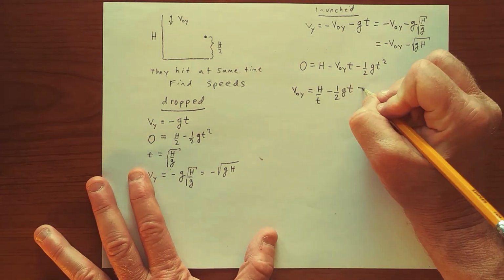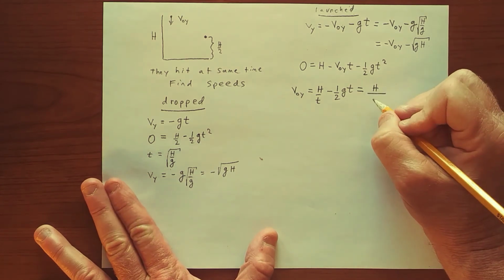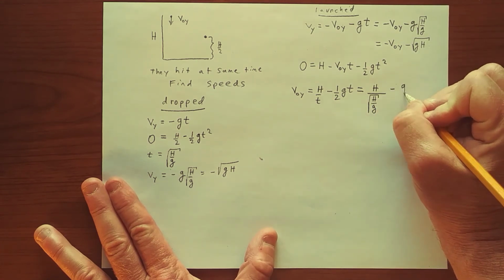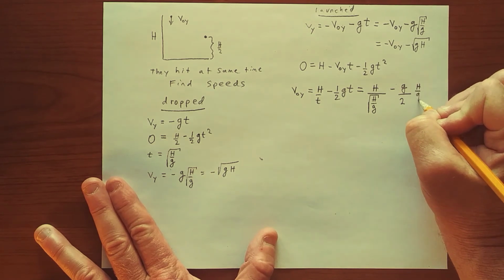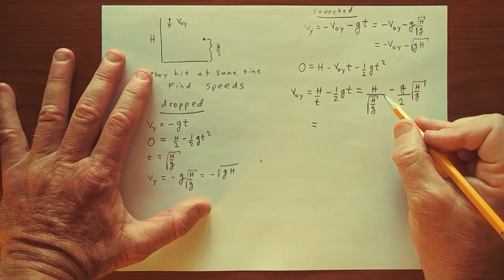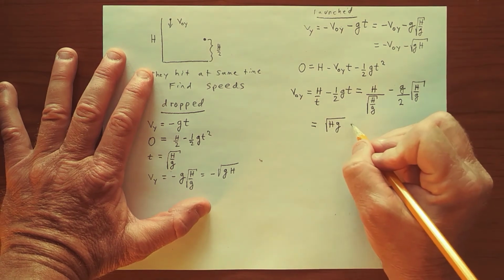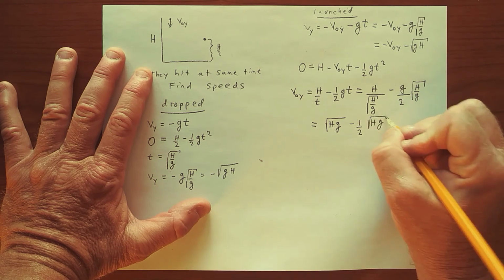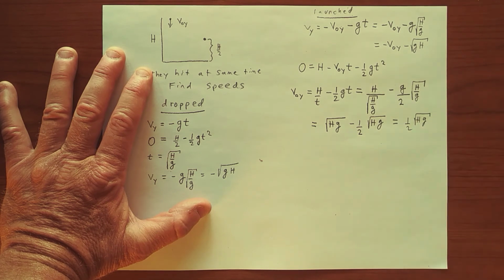And now we can replace the t with the known value. So this becomes h over the square root of h over g, minus g over 2 times the square root of h over g, which is the square root of hg minus 1/2 the square root of hg, which is 1/2 the square root of hg.